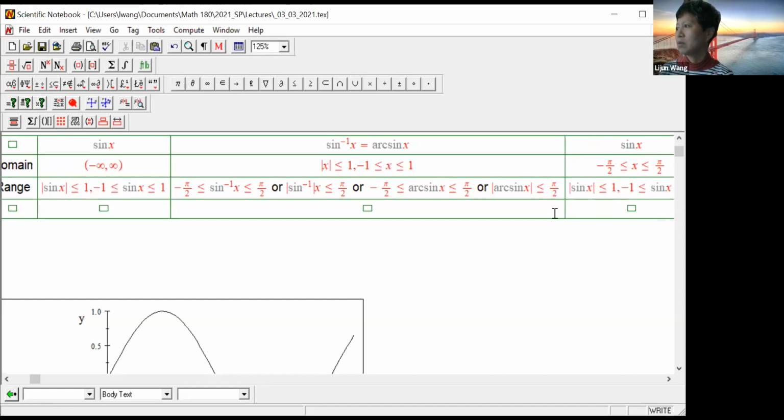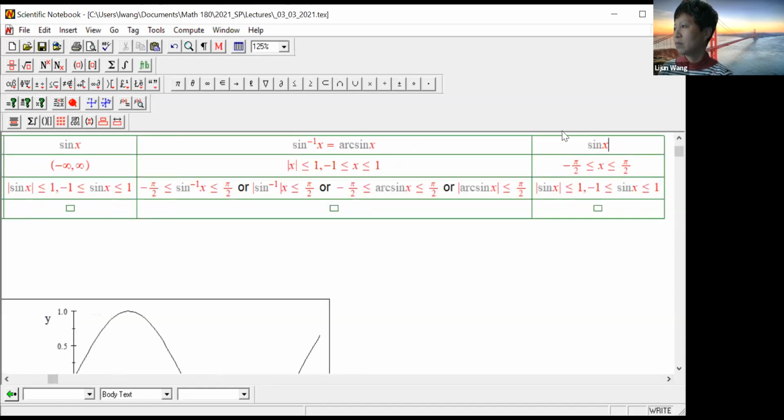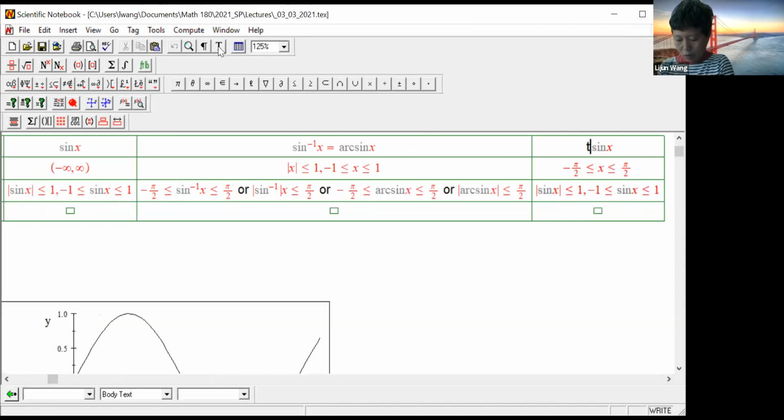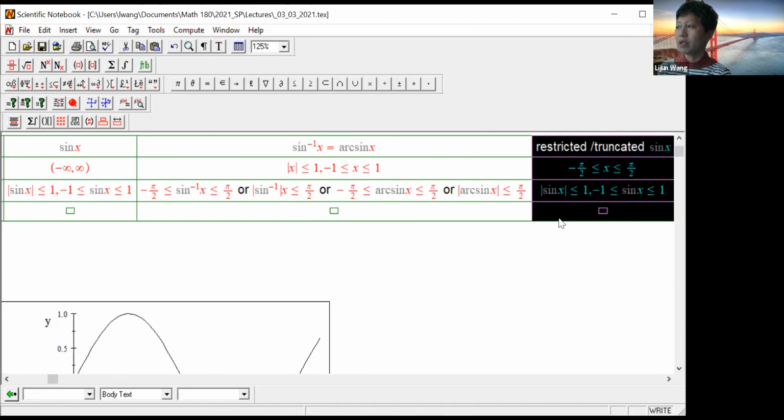It's called truncated. Some call it restricted. There are all these different words, but it's rarely used or mentioned. Do you follow me? So remember this word.